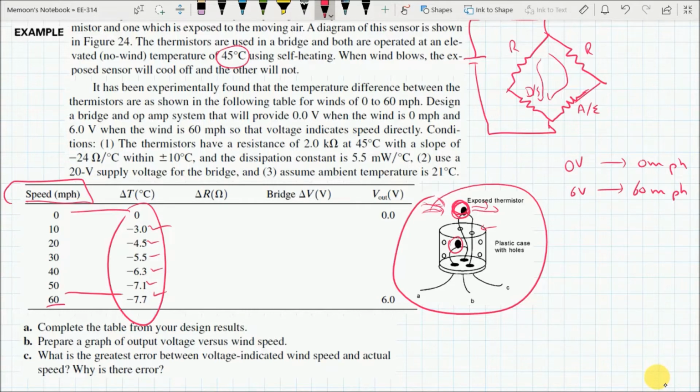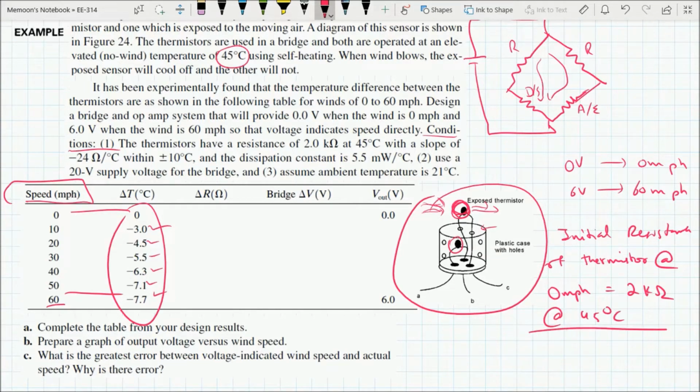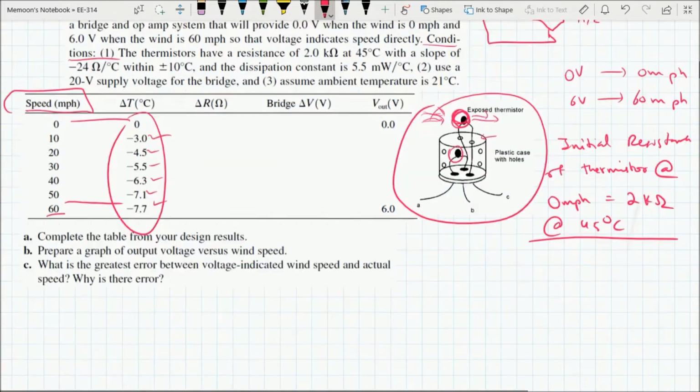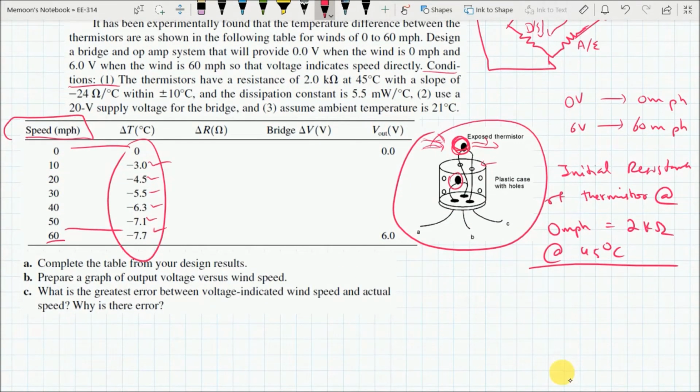The conditions that we have to keep in mind while designing this circuit are that the initial resistance of these thermistors at 0 miles per hour wind speed is 2 kilo ohms each at 45 degrees Celsius, when they are self-heated already. And the slope of this thermistor is negative 24 ohms per degree Celsius within a plus minus 10 degrees Celsius range.